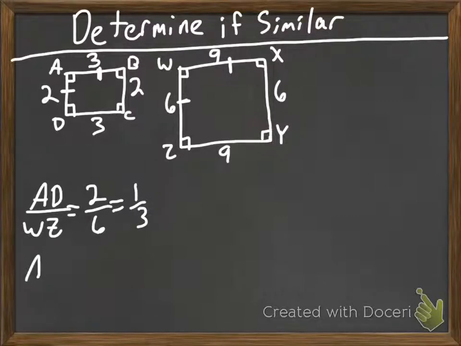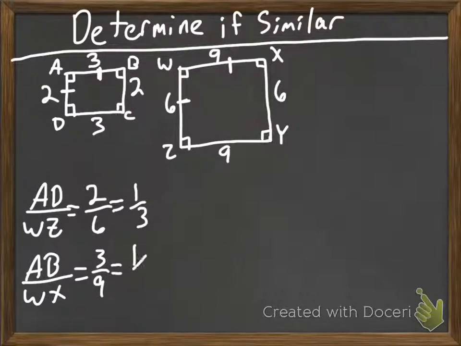Now we look at AB over WX, and we get 3 over 9, which also simplifies to 1 over 3. And you need to remember, if the first ratio you do is small on the numerator and large in the denominator, that's the same way you have to do your other ratio, small and then large, in order for this to work.